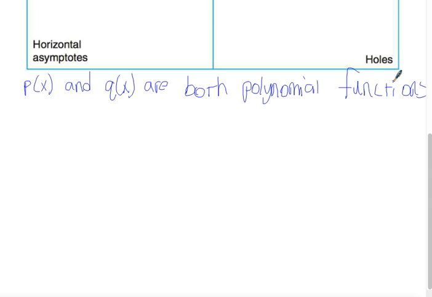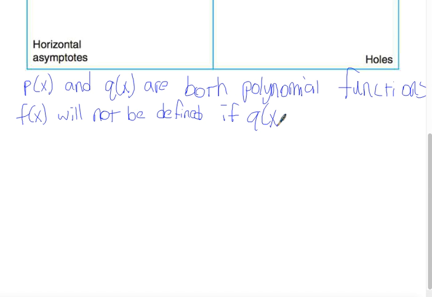Since q of x is the denominator, f of x will not be defined whenever q of x equals 0.